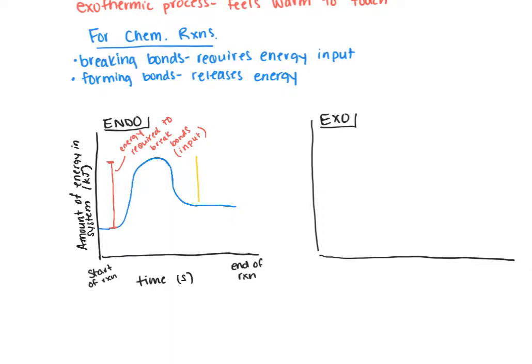And then this amount here is going to be the energy that's given off when new bonds are formed. So energy released when new bonds are formed. So that's our output.